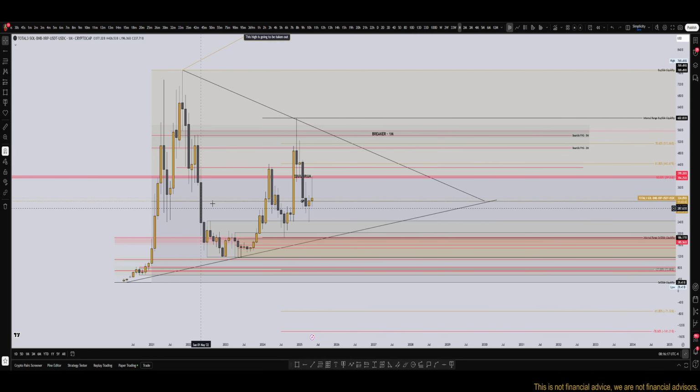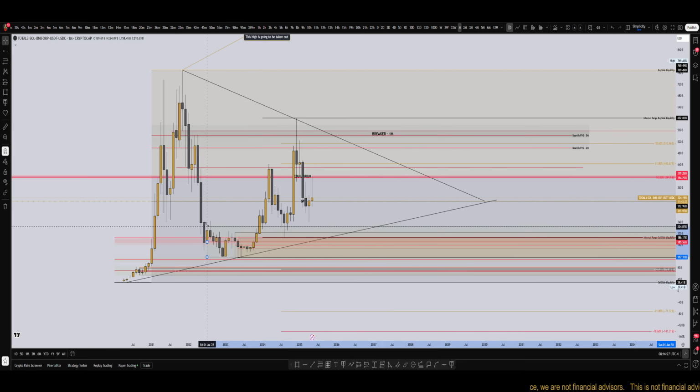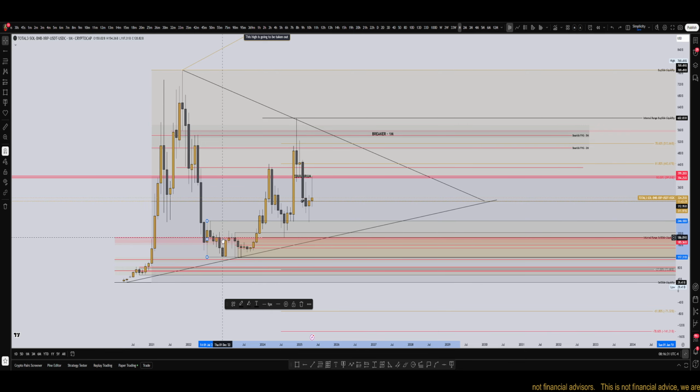Let's see. This is the last candle before the push to the upside. My bad. Yes, so this is a breaker. But it was retested with this wick, so I'm expecting us to go a little bit deeper now.